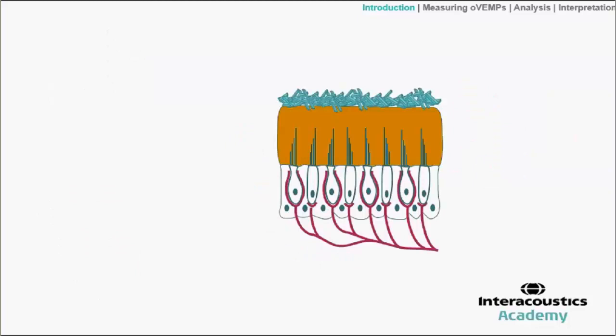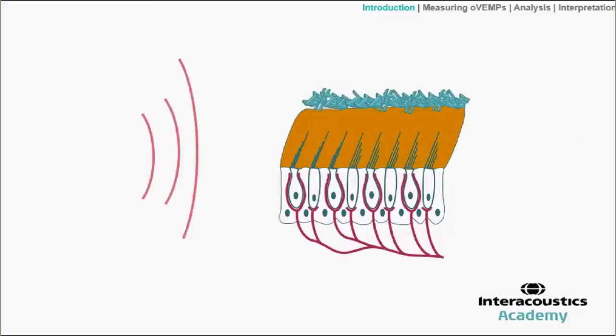So it's important to note here we have a cross section of the utricle, and it's important to note that we're using sound only just as a pressure stimulus, just to generate some hydromechanical force to move the endolymphatic fluid, and then as a result to push against the otolithic membrane and create transduction.